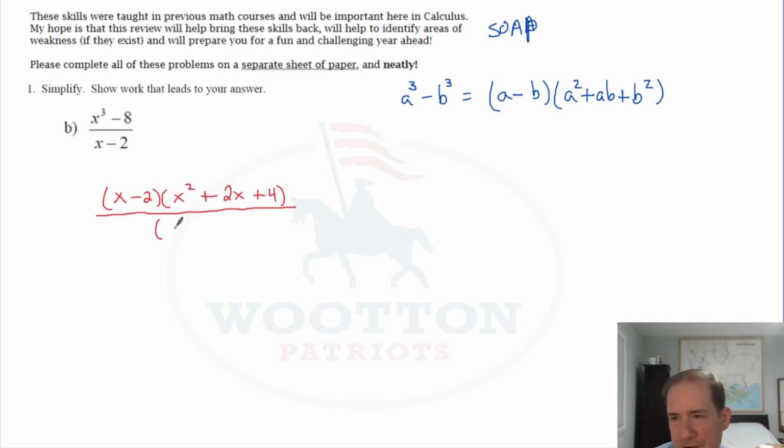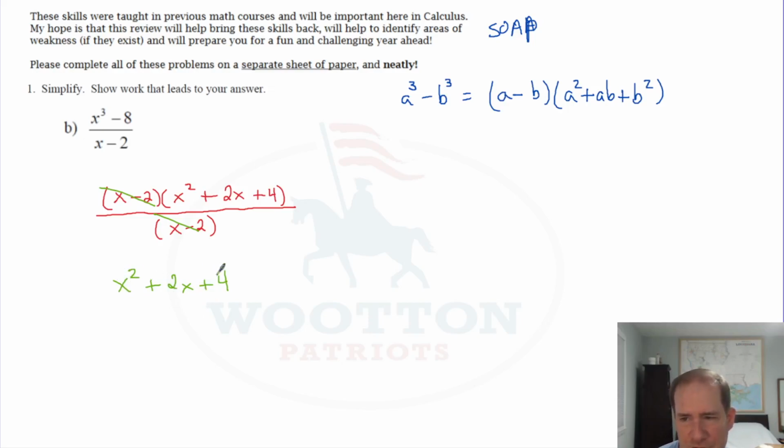And then in the denominator, again, we have that x minus 2 thing happening, which does mean we've got a common factor that cancels out, which means we can simplify this down to just the quadratic x squared plus 2x plus 4. But one more time, we sort of lost one of our discontinuities.